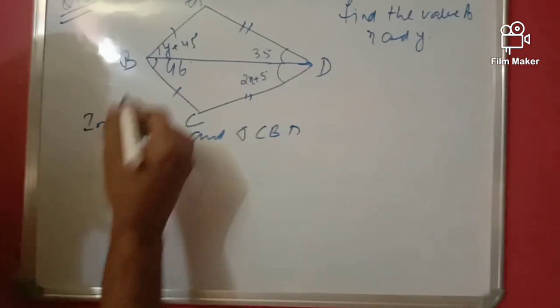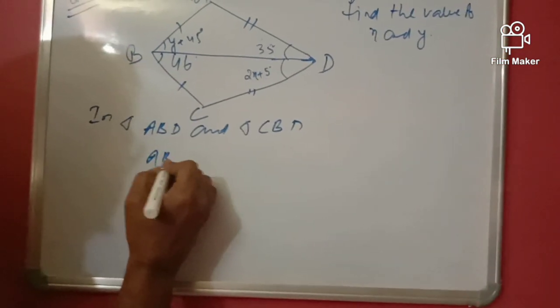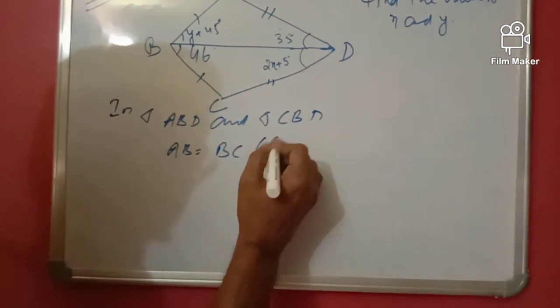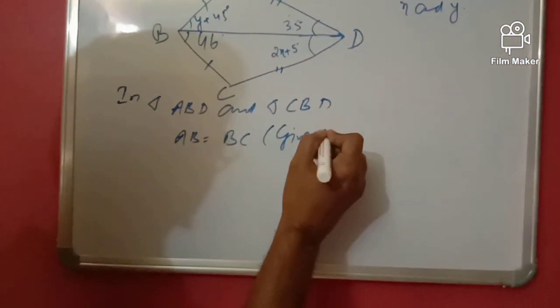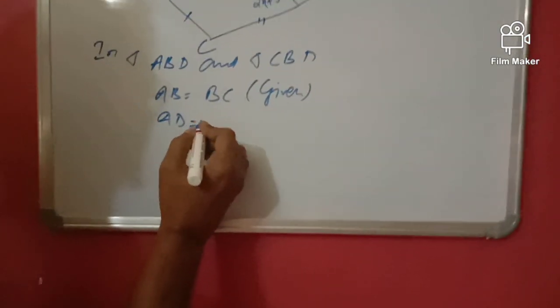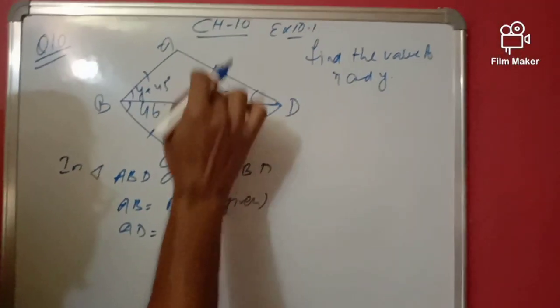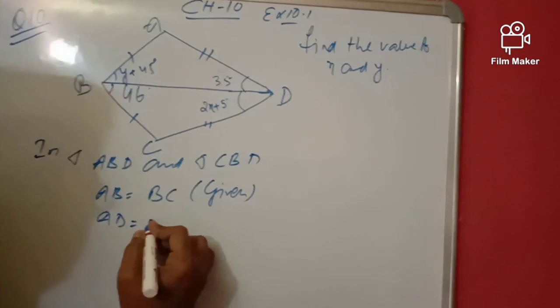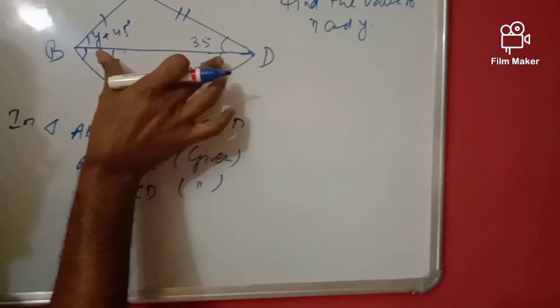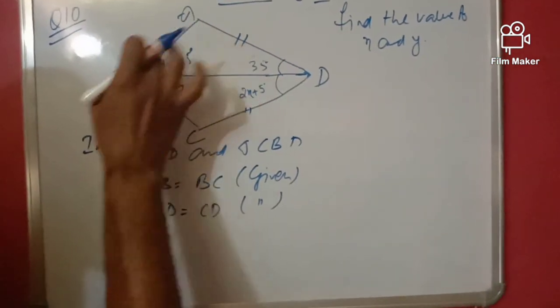Now write down the given sides. AB equal to BC, it is given, and AD equal to CD, this is also given. Now BD equal to BD, why?